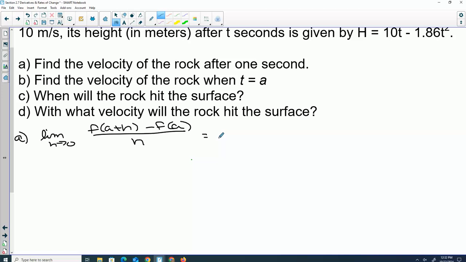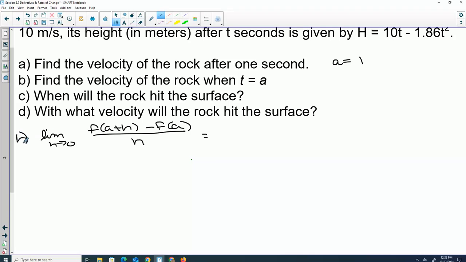Now the A in this case is 1. But can we do part B first? Part B wants a formula in terms of A. So let's do that, and then we'll find the velocity at a given point in time so we don't have to redo it. Okay, sure. So I'm going to do part B first.